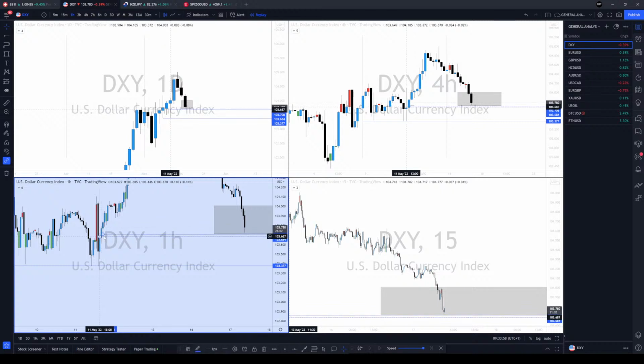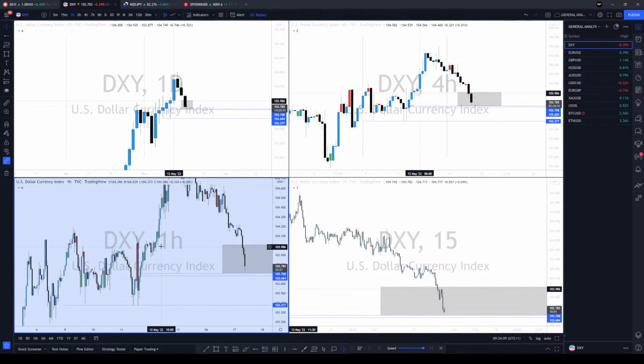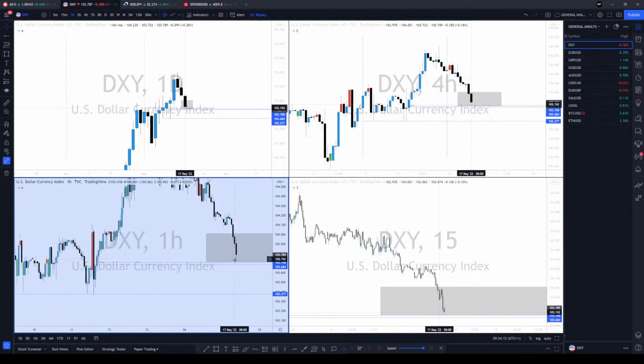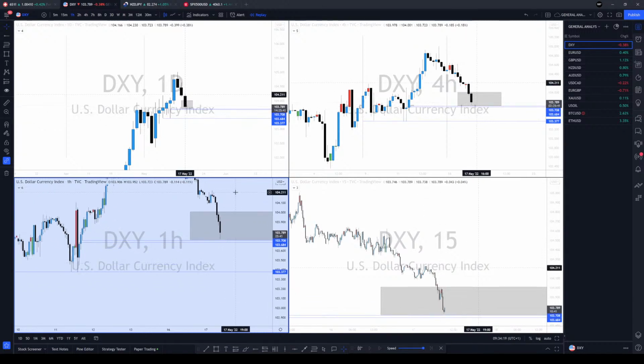I'm not saying it's going to reverse from there, but if we hit it and it gives some form of reaction in terms of buying, right, I want to see a big move away from that level there. If they're going to use that, then I'll look for foreign currencies to go lower again.